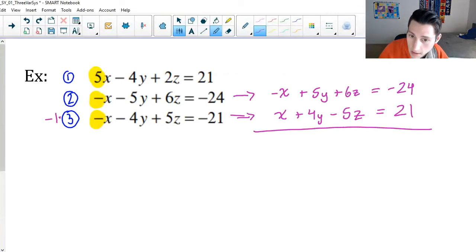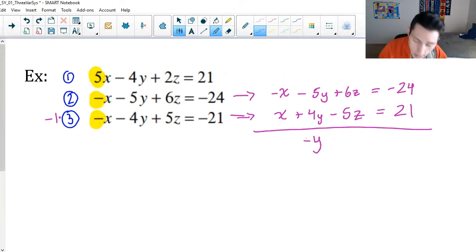We'll add those together so that we have, oh wait, oops, a small error here. Negative x minus 5y plus 6z equals -24. And we'll just add column by column. So negative x plus x is 0. Negative 5y plus 4y is negative y.